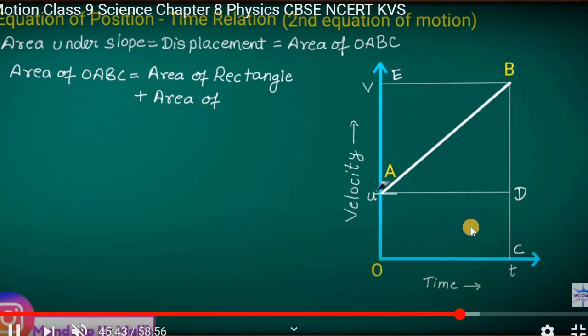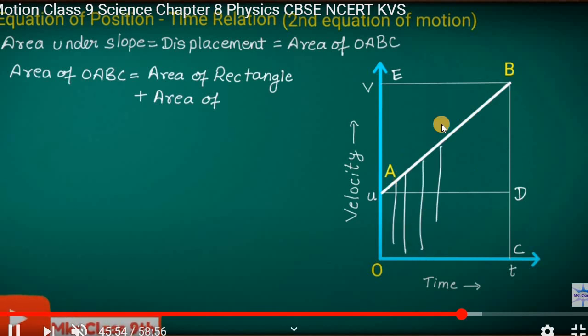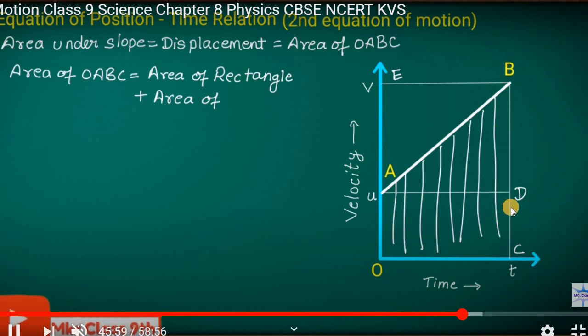So here, the same one: OA is U, then OE is equal to V, OC is equal to time. This is called the slope. So this whole part is considered as a distance.